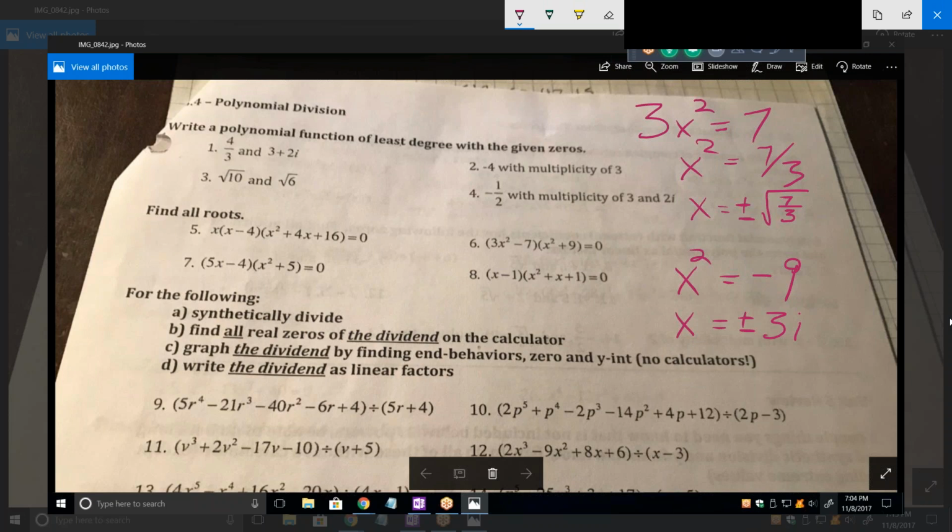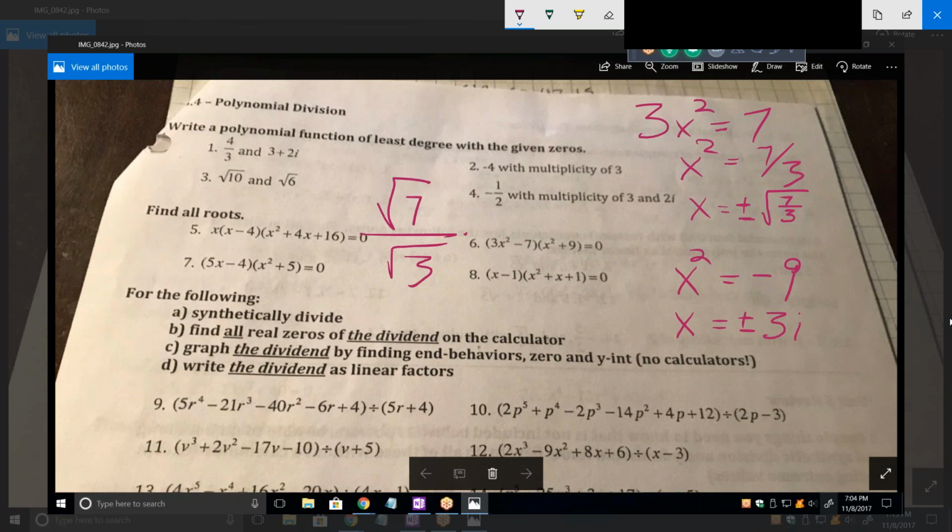Notice the square root of 7/3 is the same as the square root of 7 over the square root of 3, which has an irrational denominator. So we really should rationalize this. How do you rationalize it? Don't you square both sides? I don't. First of all, we don't have an equation. We have a fraction.